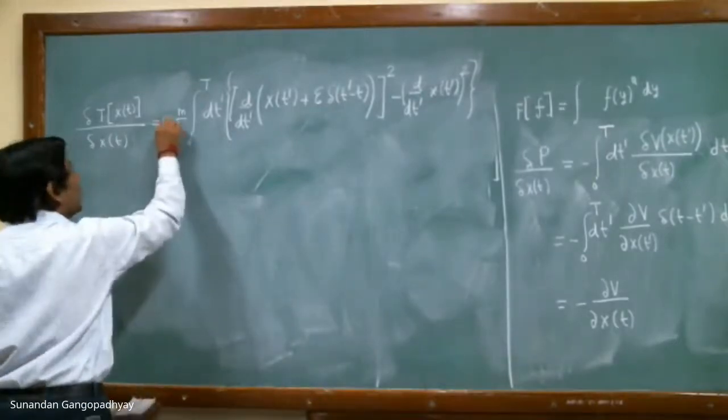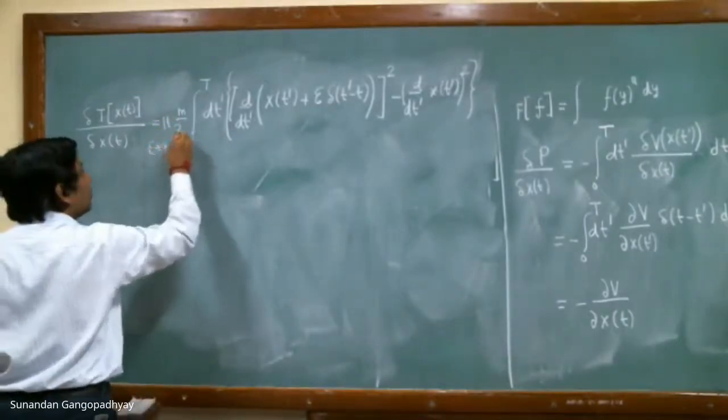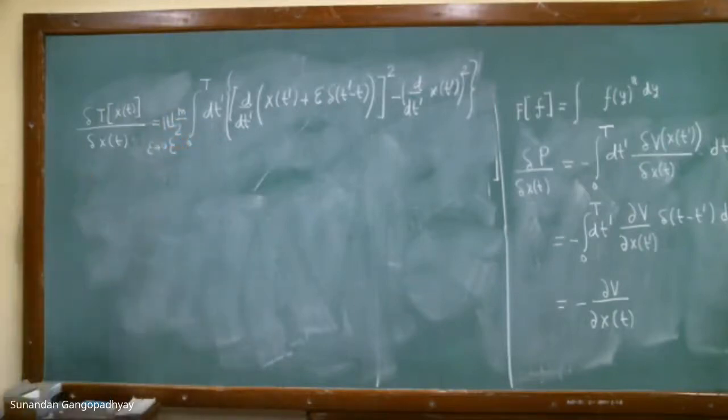And then obviously you have limit epsilon tending to 0, 1 by epsilon. This is the definition.